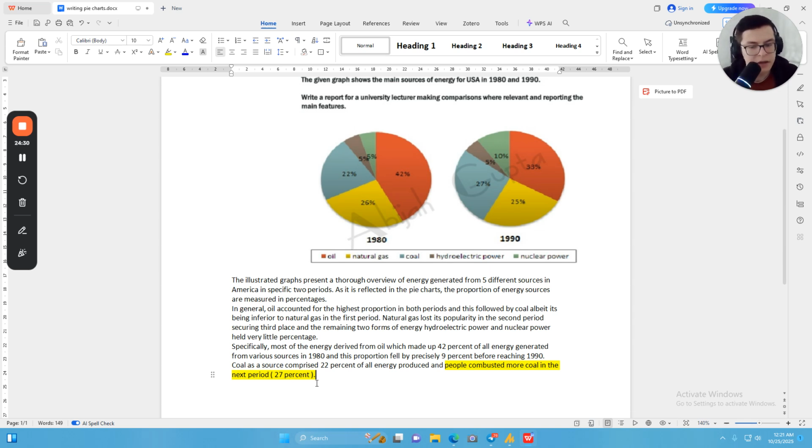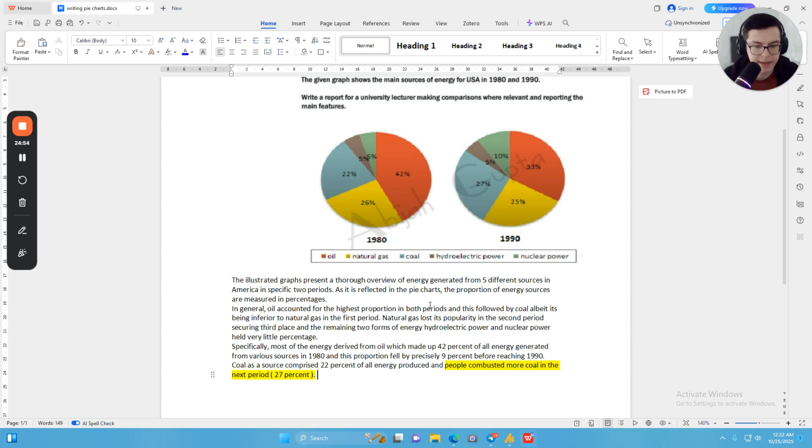But I cannot say people combusted more coal in the next period, which accounted for 27%. It is going to be wrong. So that is the right way of using percentages when writing.